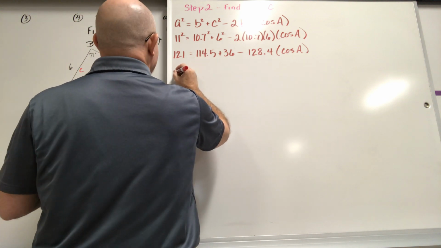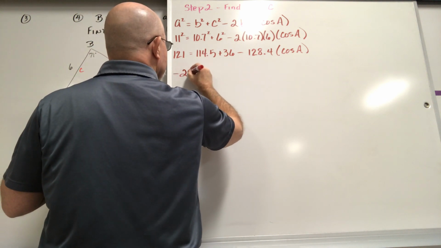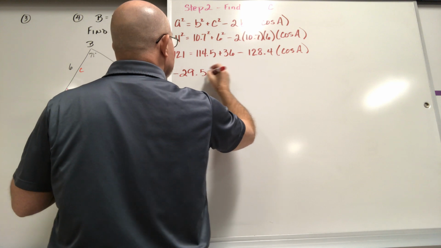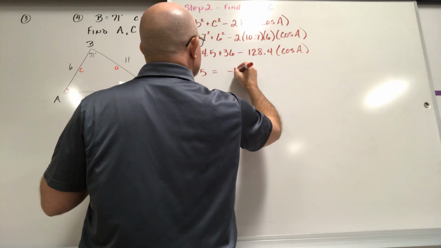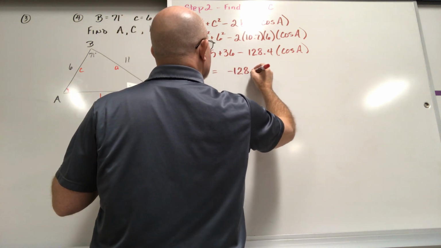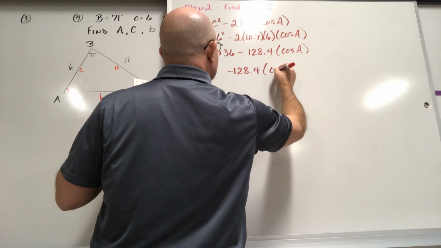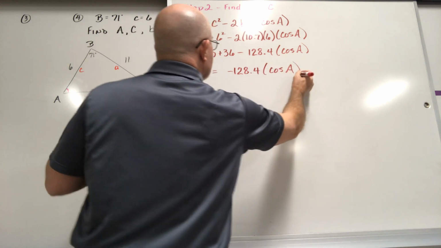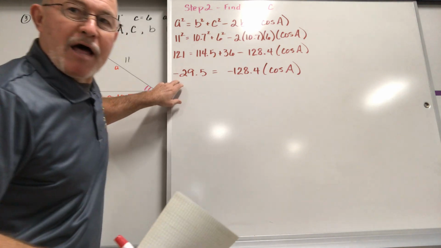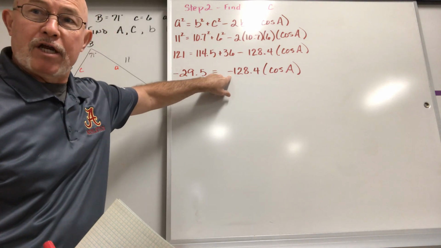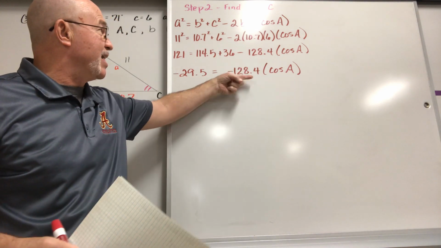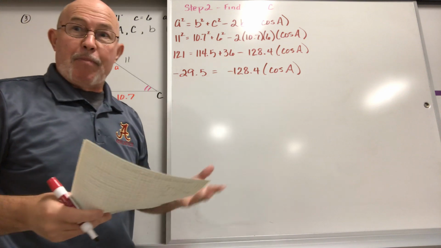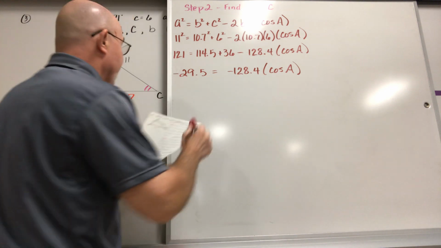So we're going to subtract and get a negative. Don't let that bother you because we've got a negative over here. So when we divide both sides by this, it's going to be positive again, and that's what we're going to have.